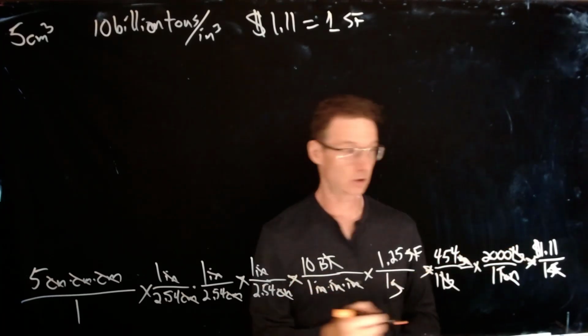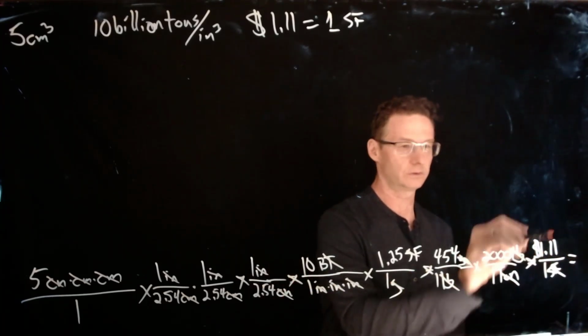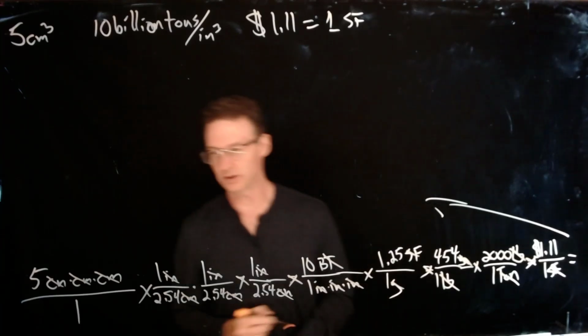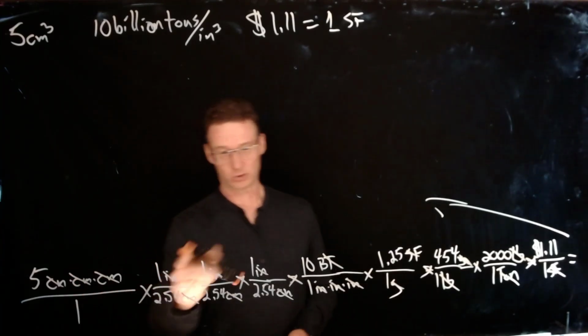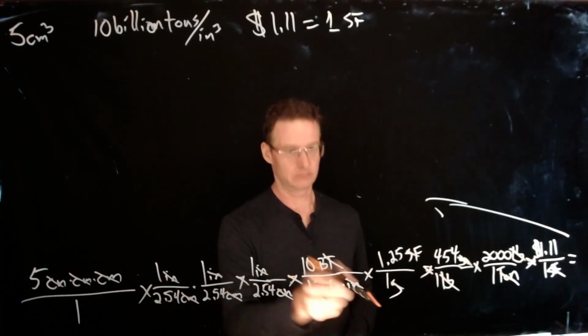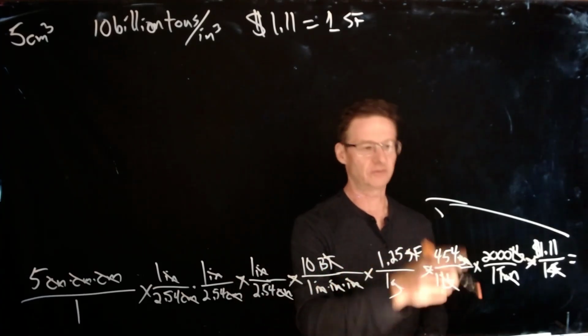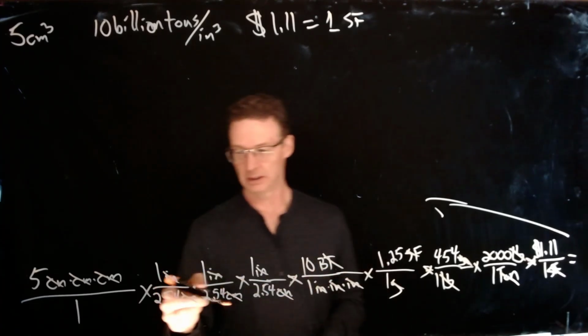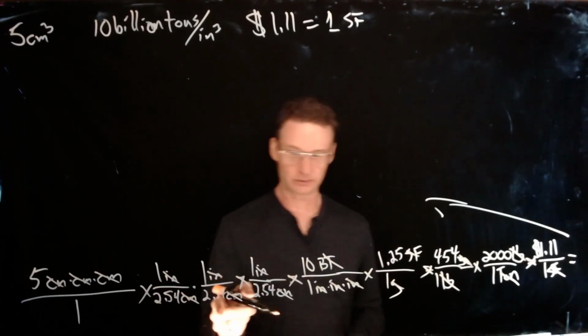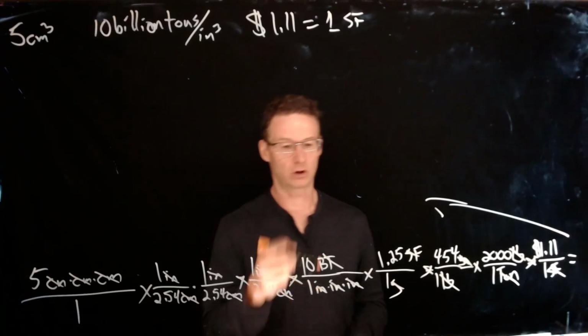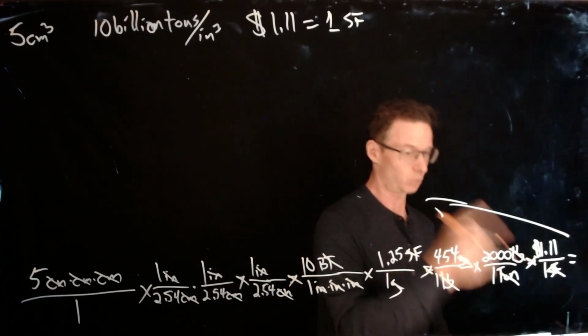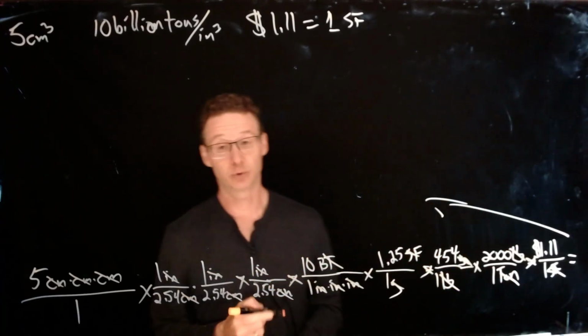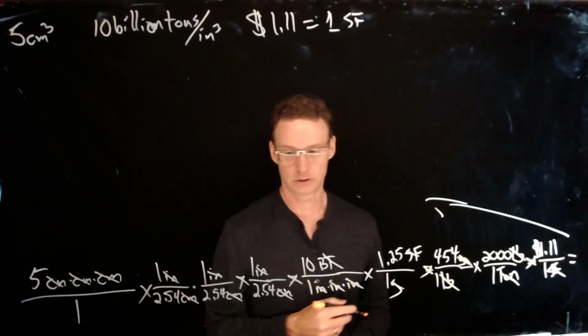I want to know how much it's going to cost. So this all equals 5 times 1 times 1 times 1 times 10 billion times 1.25 times 454 times 2,000 times 1.11. That all is your numerator. The denominator is 2.54 times 2.54 times 2.54 times 1 times 1 times 1 times 1 times 1. So 2.54 cubed is your denominator.